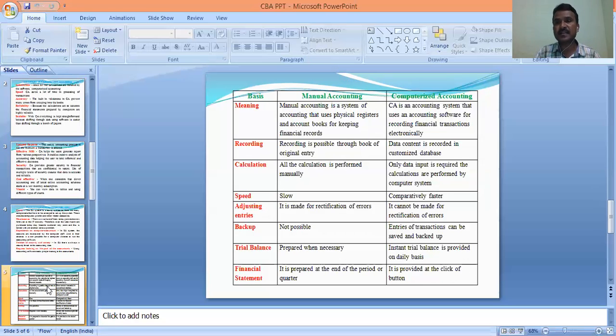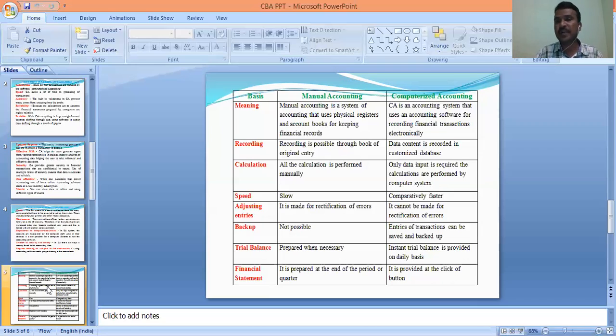Whatever the transaction, accountants maintain a physical register with a formatted design: a debit column, credit column, rupees column, date, etc. Plenty of such registers are available in the market. That is the basic meaning of the manual accounting system.